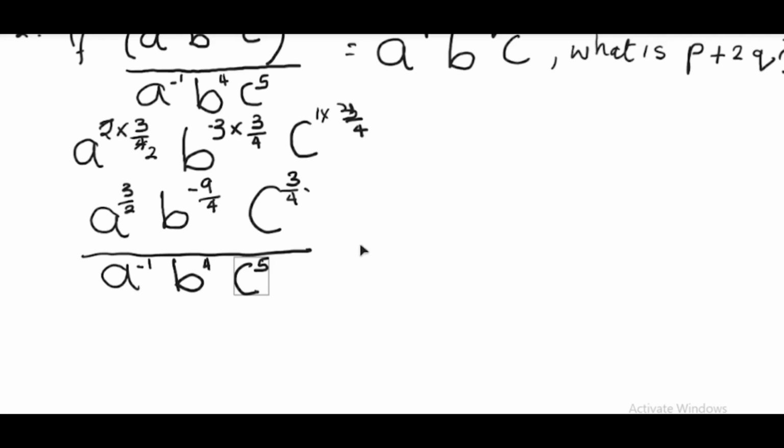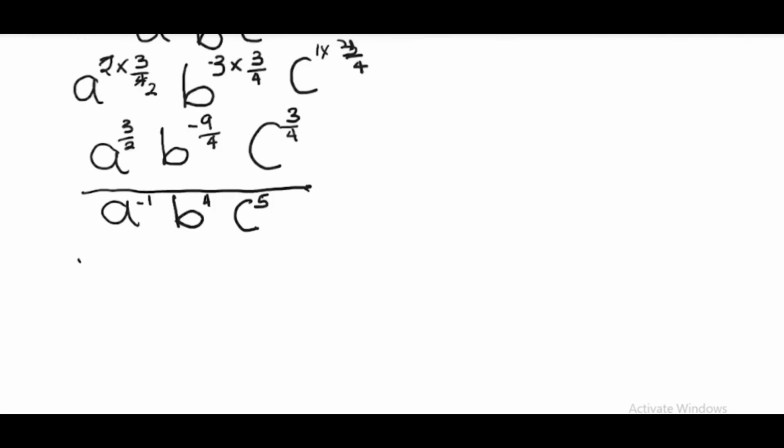So having known that, applying the division or the quotient law, we will have a raised to the power of 3 over 2 minus 1, b raised to the power of minus 9 over 4 minus 4.